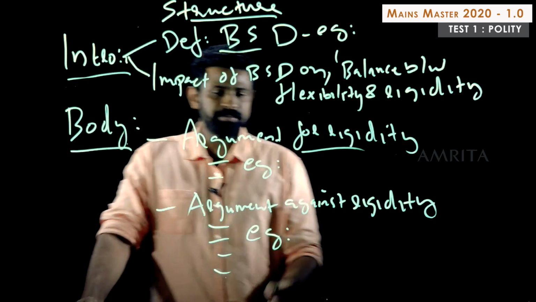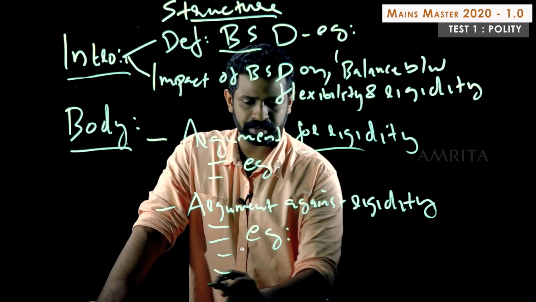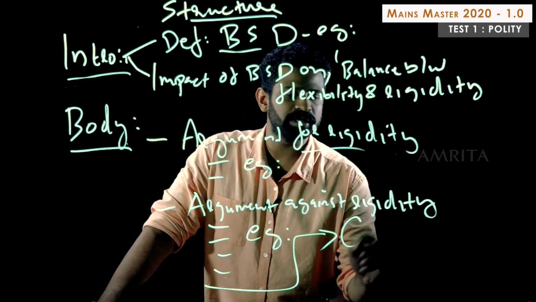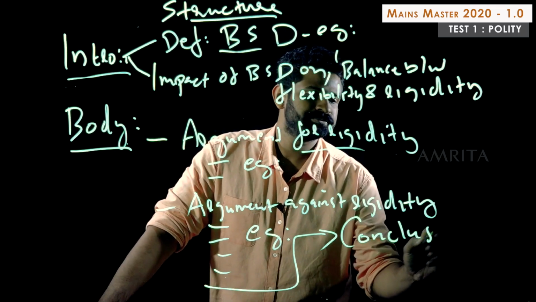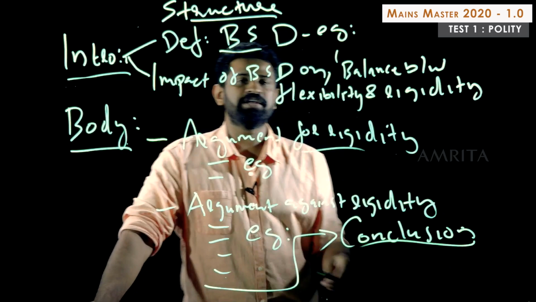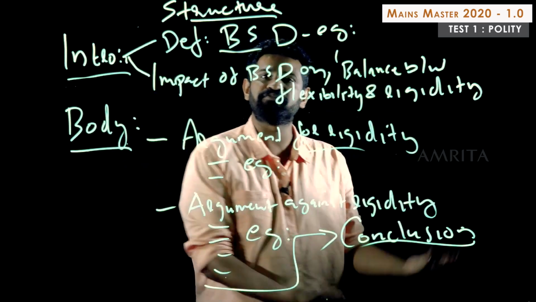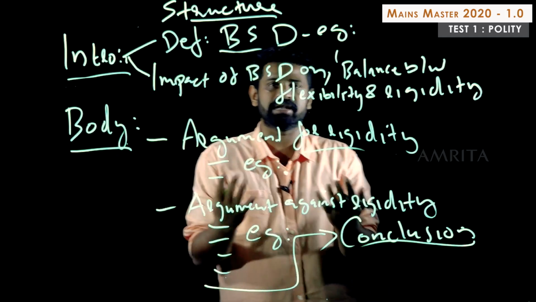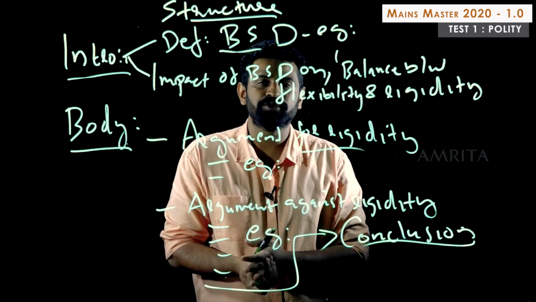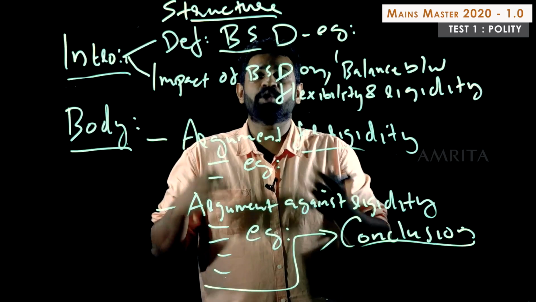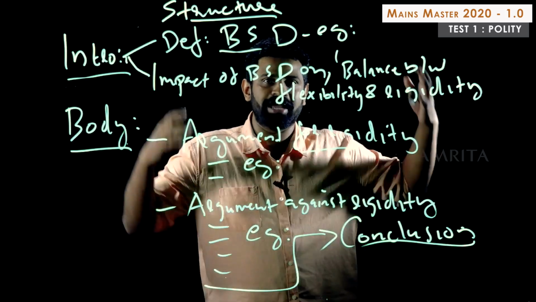Now we move to the conclusion part. So the conclusion would be a positive thing. Based on all these things, you can put this idea in a different way in the conclusion, right? We have to maybe mention the larger context in which basic structure doctrine came about, not the entire genesis of it.